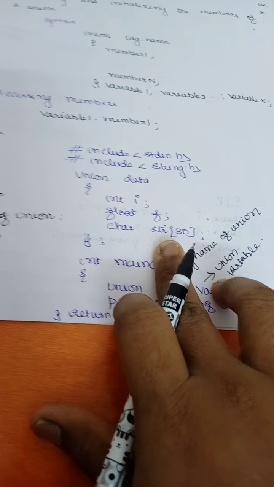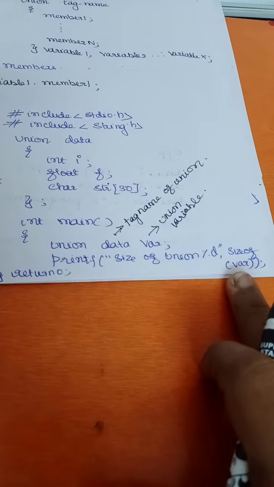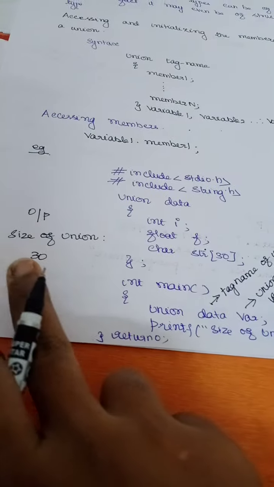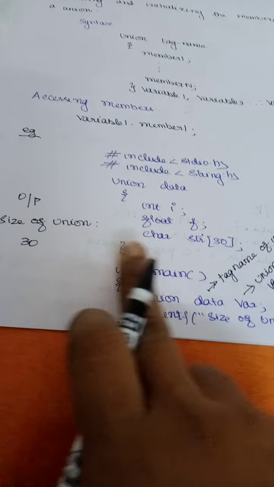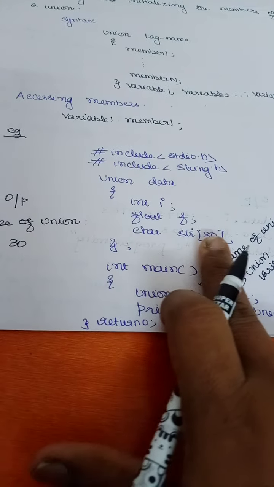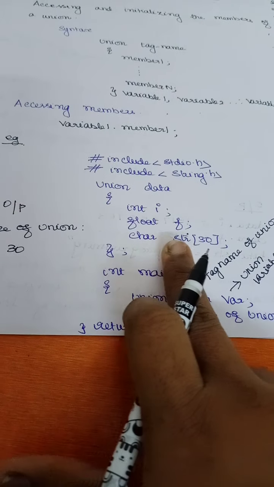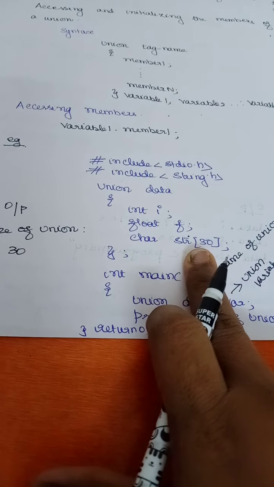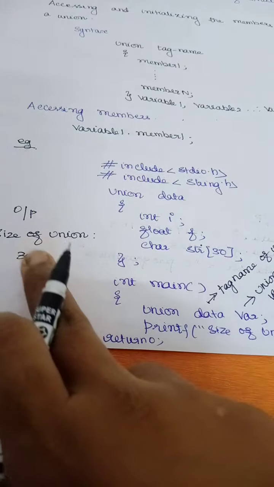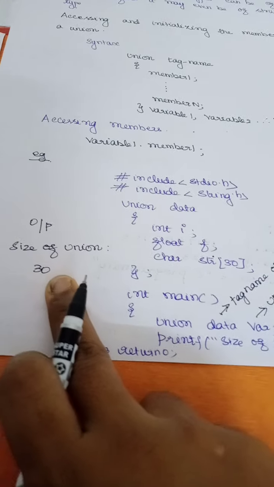But here when you take the size of var, it is going to give you only 30, because the largest member here is the char string, so 30 bytes of memory is allotted. So the size of the union will be 30, right?